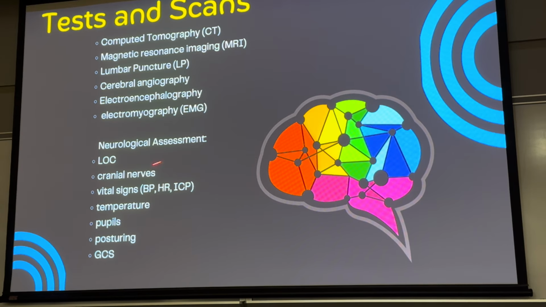Pupil response, that's affecting our cranial nerves, our grip strength, level of consciousness as far as orientation goes, are they able to move their extremities like they're supposed to, temperature management, normothermia. Usually with some type of significant neuro injury, they're gonna have a really high temperature, they're gonna be very hyperthermic. Pupil assessment, posturing, and your GCS scores, okay?